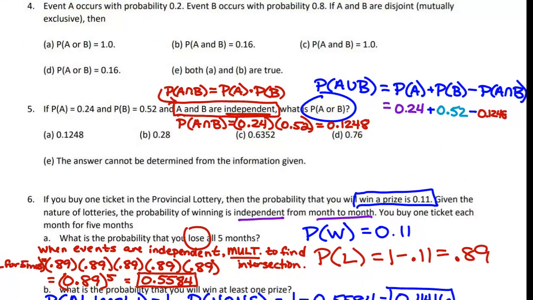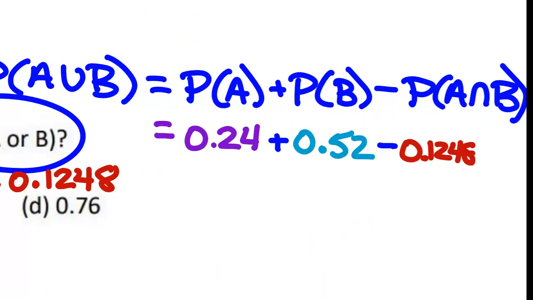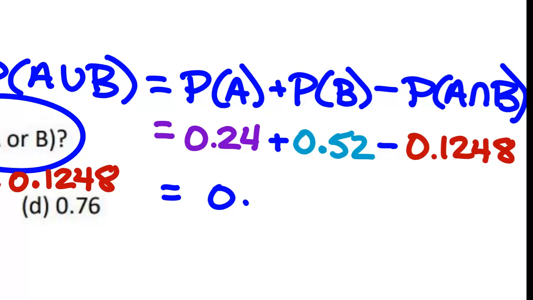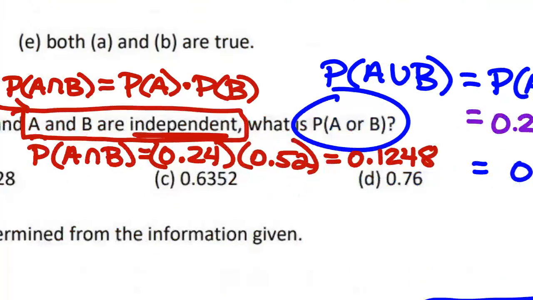When I add 0.24 and 0.52 together, and I subtract out that intersection, I end up with 0.6352, which is choice C.